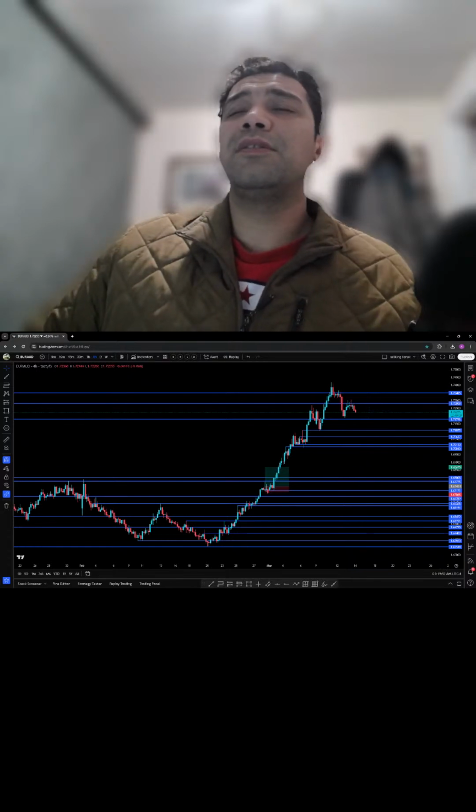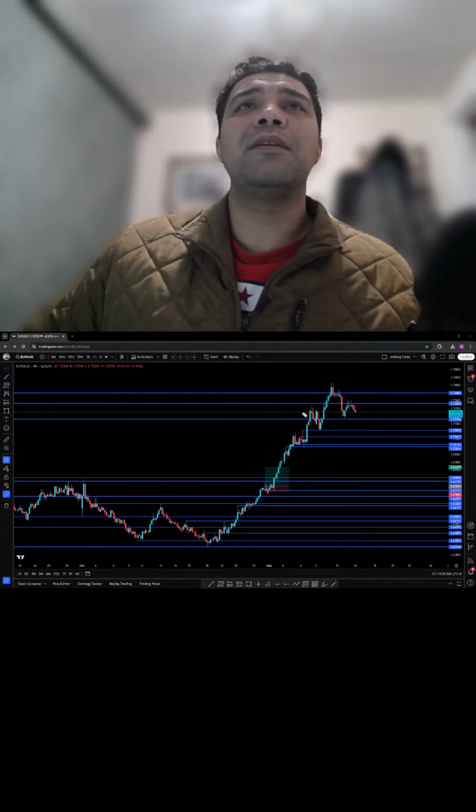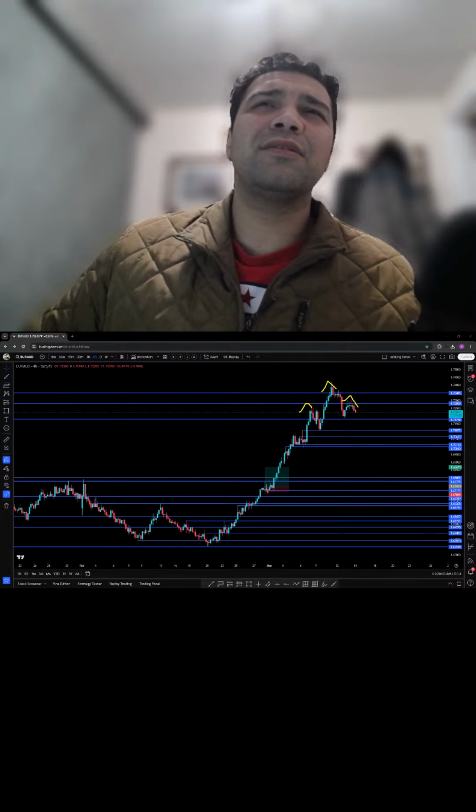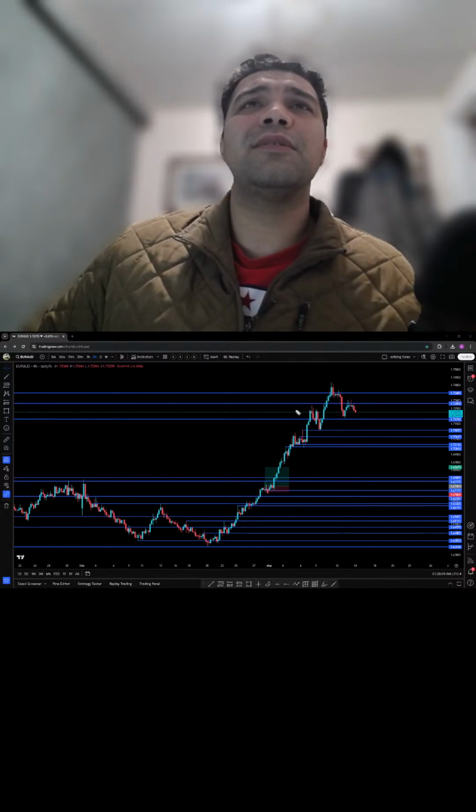On the other hand, this could be a head and shoulders right here as well, and the neckline. And there's another thing I want to highlight right now: this was a major resistance up here, right? In that context, the major resistance right here has broken out, we got a reaction from that point, and prices are coming back.